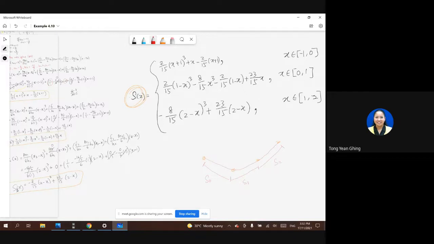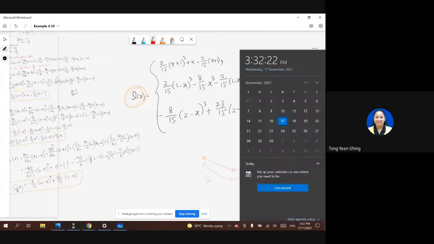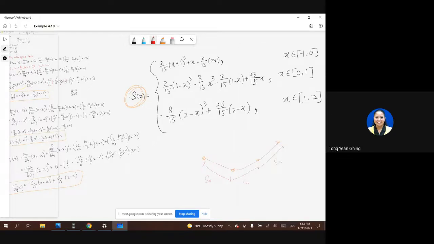So here we have 3 spline equations, and this is the whole natural cubic spline equations.